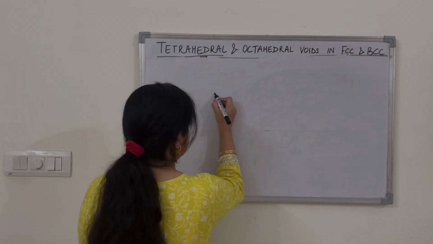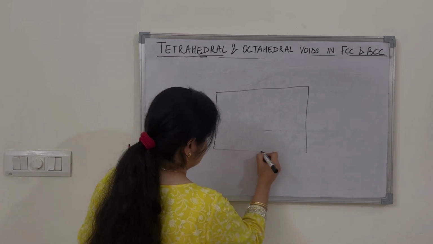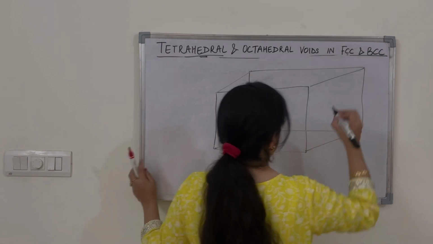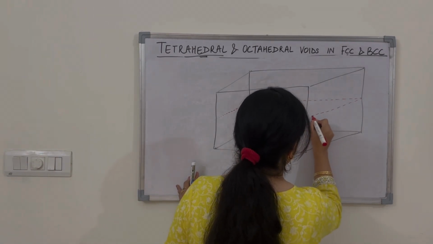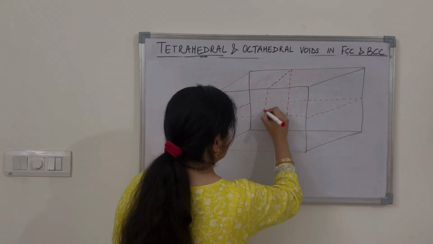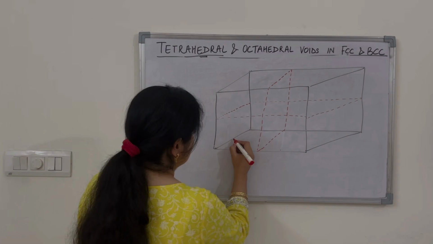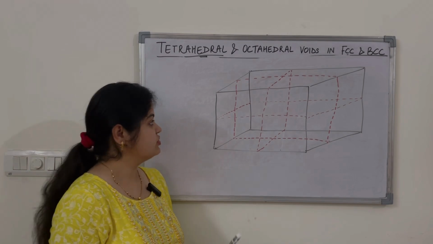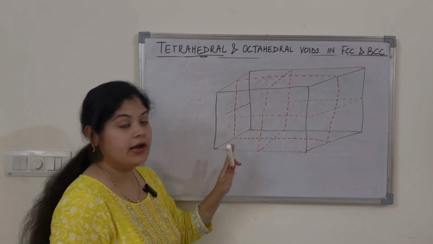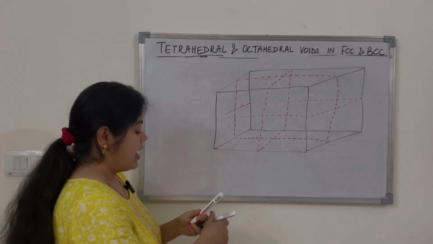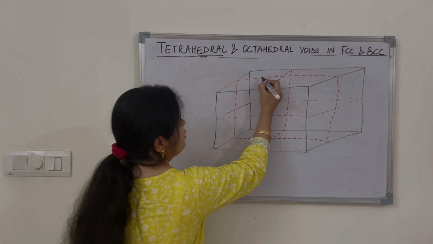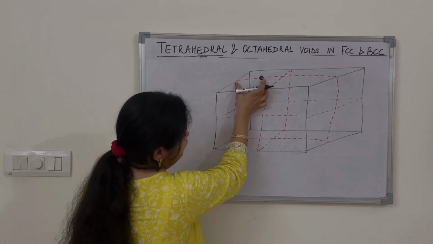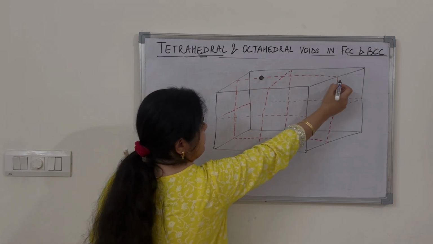Let us draw bigger unit cell. So when we make this type of a structure, the tetrahedral void that I just showed you is on this position, which is actually 1/4 of the edge length.